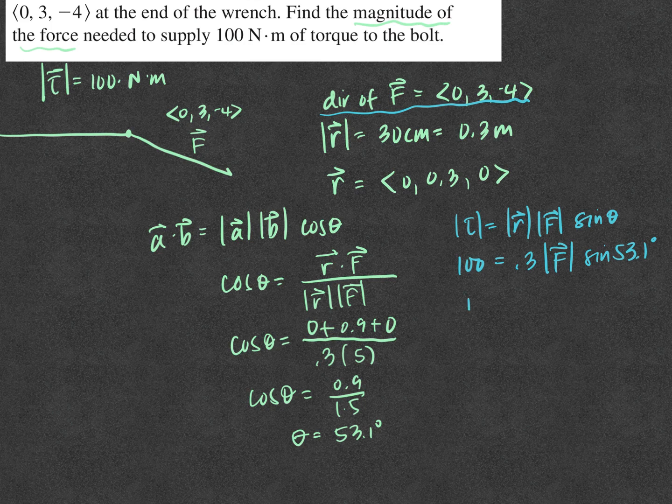So the length of f is 100 over 0.3 times sine of 53.1 degrees, so the length of f equals 416.67 newtons. So that's how we need to find that one.